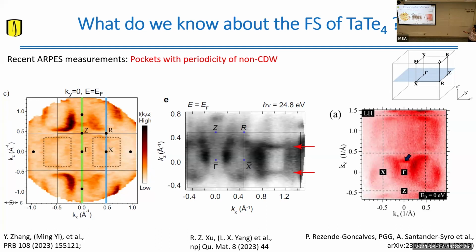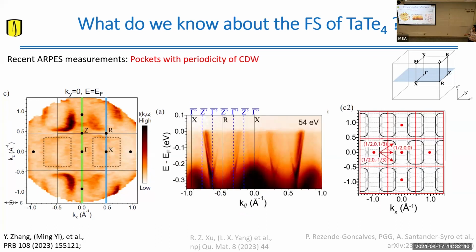In addition, they observe some strange states here that, if you zoom in and they get interpreted, this is very nice because they are complementary works. They interpret this material and this result from a different perspective. So for example, this work from Mingyi and Rice, they see the bands that have the periodicity of the undistorted cell, but they also see some bands that do have the periodicity of the charge density wave.